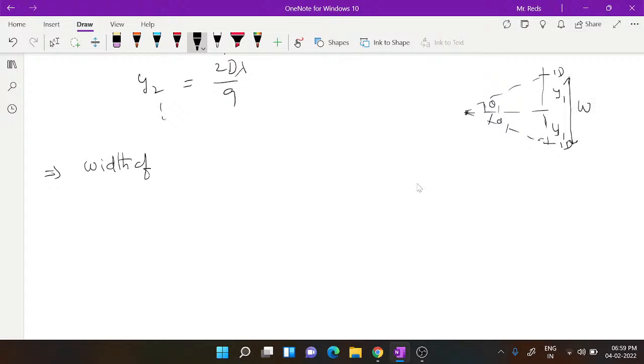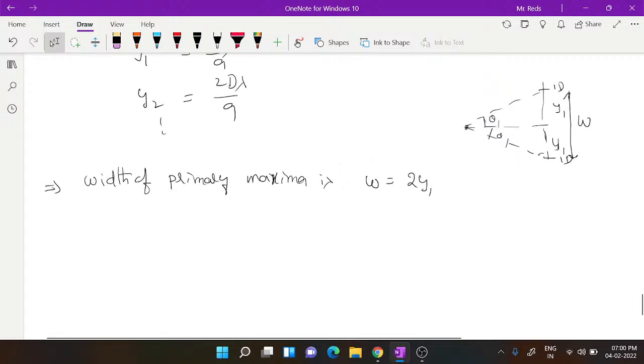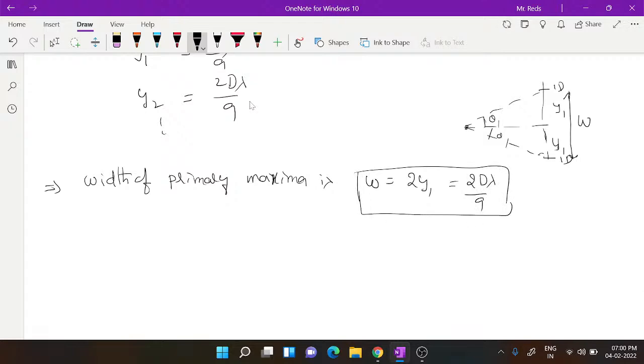So the width W is equal to 2y1, but y1 is the position of the first diffraction minima, D lambda by a. Substituting, the width of the primary maximum is 2 D lambda by a.